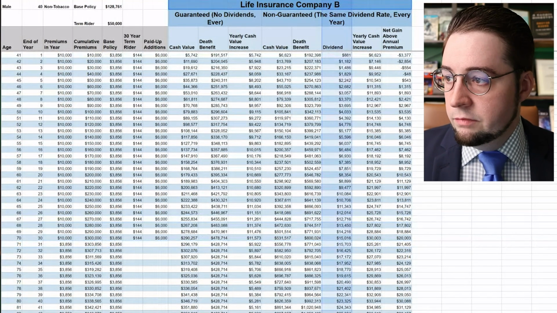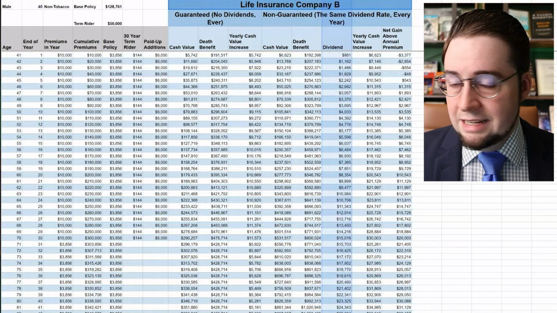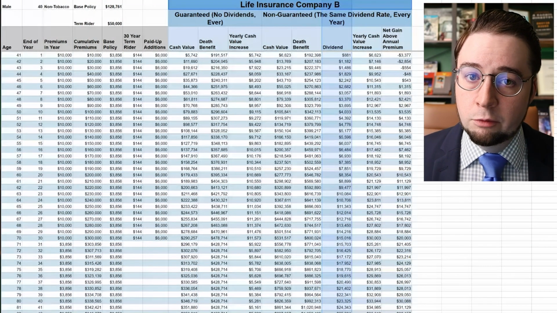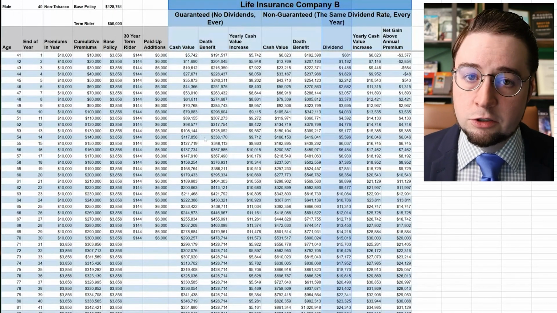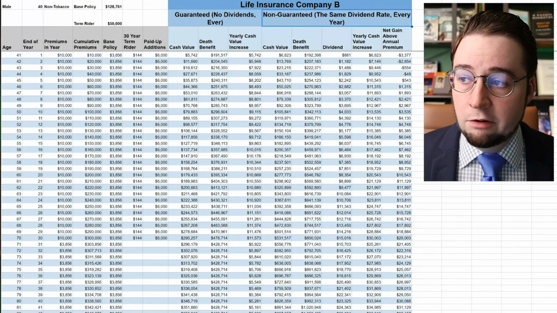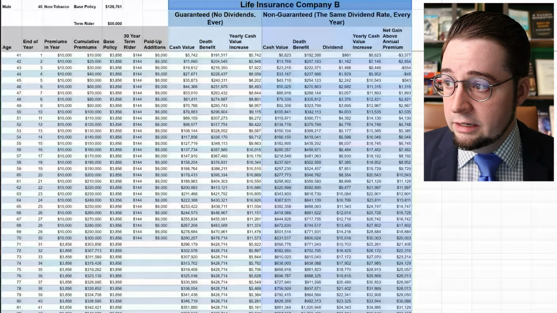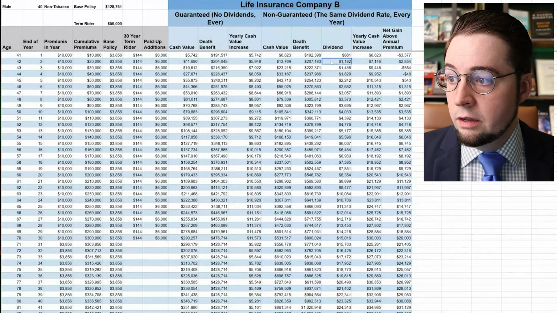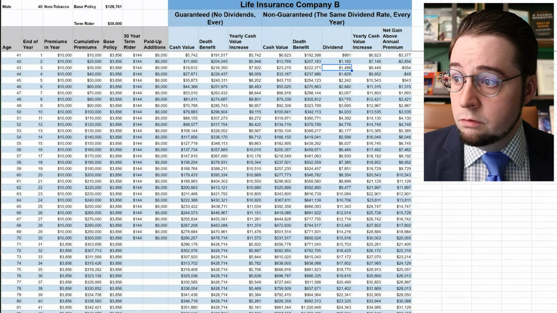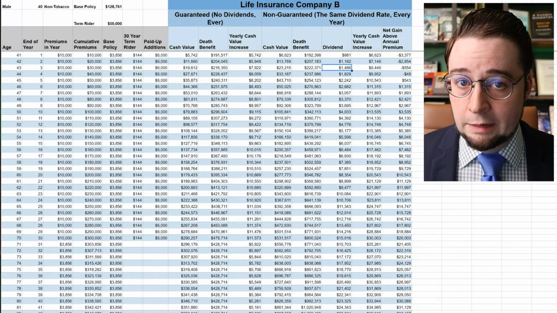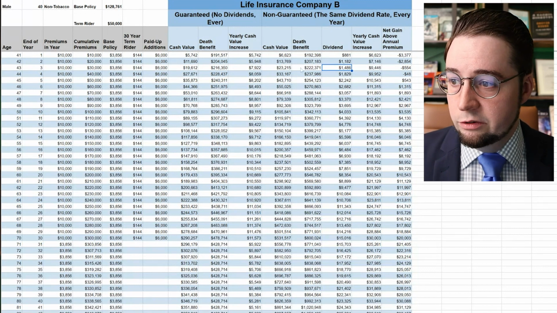This company is much more focused on dividends. They do not have a $23 dividend for multiple years before the dividend starts to expand. If the dividend rate is the same every year, again, that's what the non-guaranteed columns show, then you can see it's $881, $1182, $1486, and it picks up much more quickly than the other insurance carrier does.